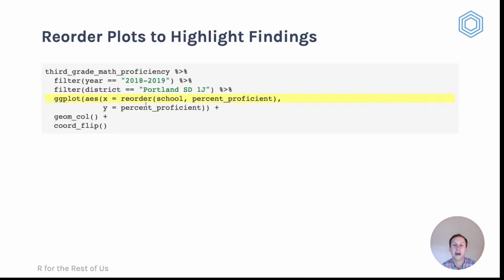But, flip back here, if I want to reorder these to show the schools with the highest level of math proficiency at the top, I can do that by first using the reorder function. So I say instead of x equals school, x equals reorder(school, % proficient). So in other words, I want to reorder the school variable by % proficient.